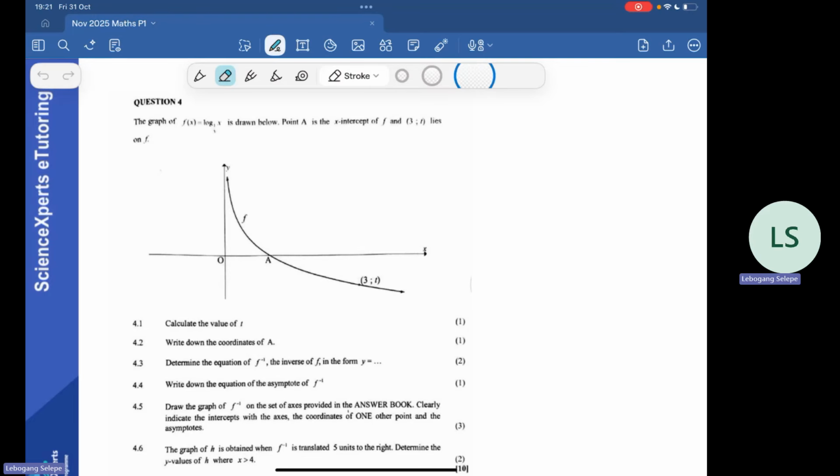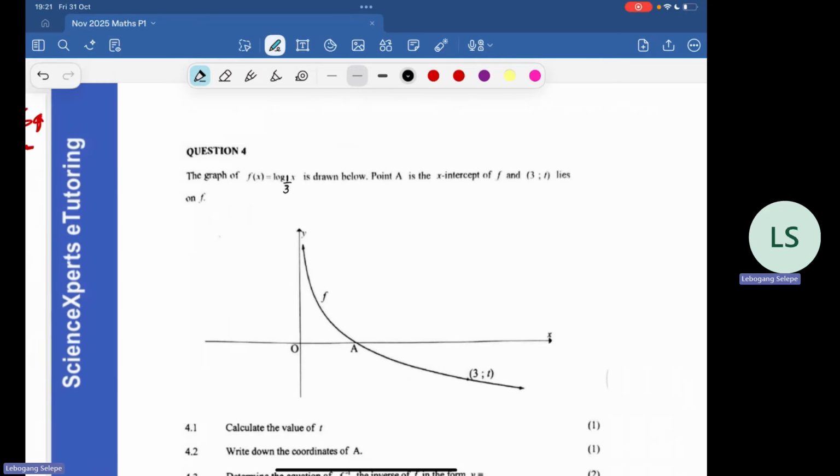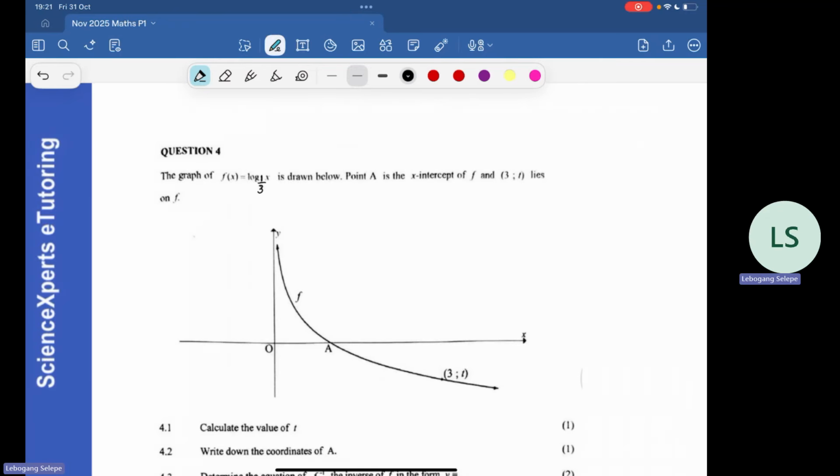Now let's take a look at question 4 from November 2025, Maths paper 1. They say that f of x is equal to log x base 1 over 3, sorry, not 1. Log x base 1 over 3 is drawn below. Point A here is the x-intercept and f of 3 is t.